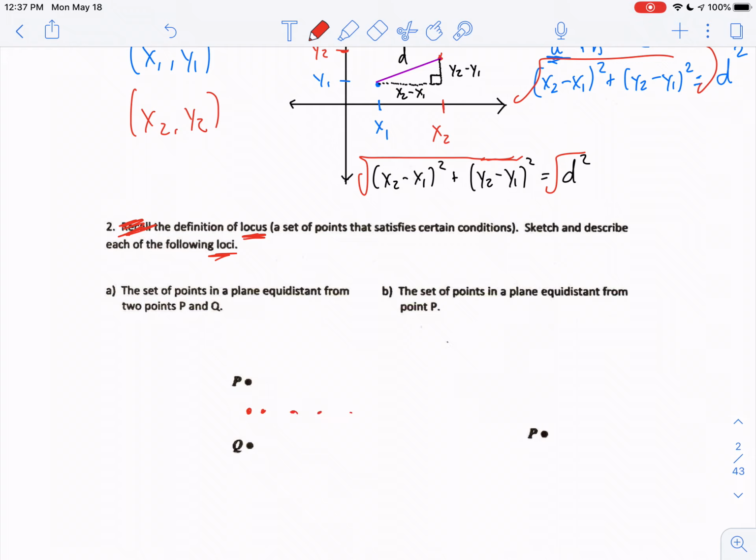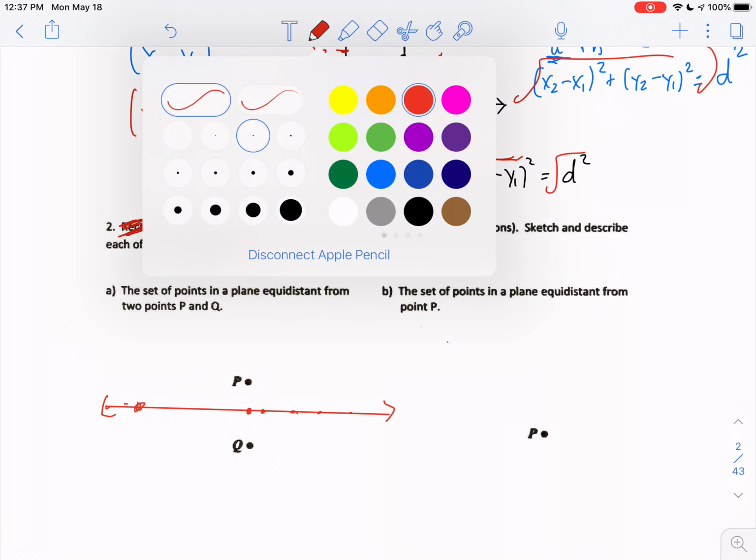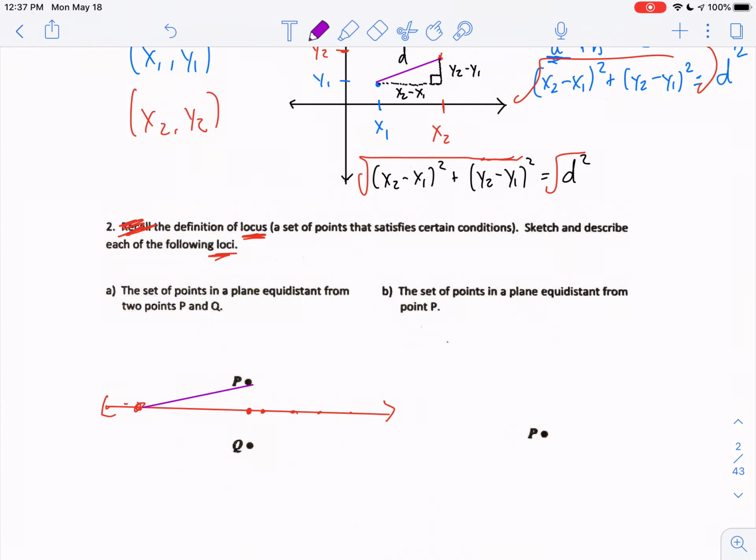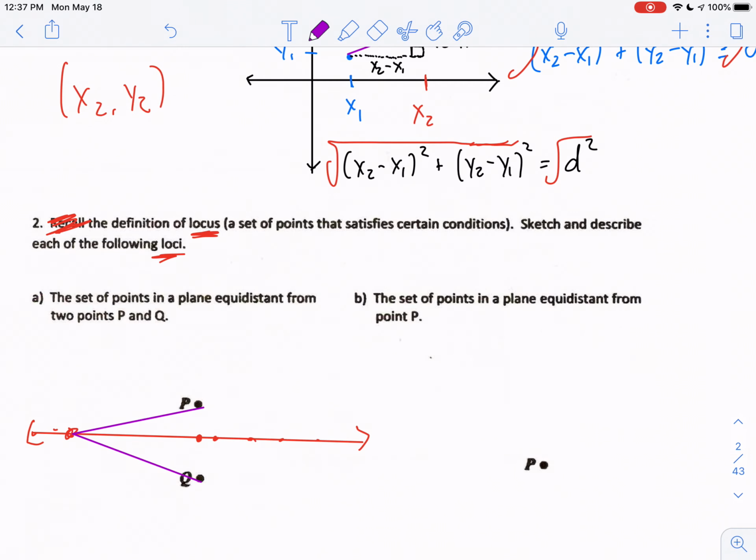Equidistant, right? Anything on this line right here would be equidistant from P and Q. If I put a point right here, the distance from P to that point and Q to that point would be equidistant. So the set of points in a plane equidistant from 2 points, P and Q, we call a line.